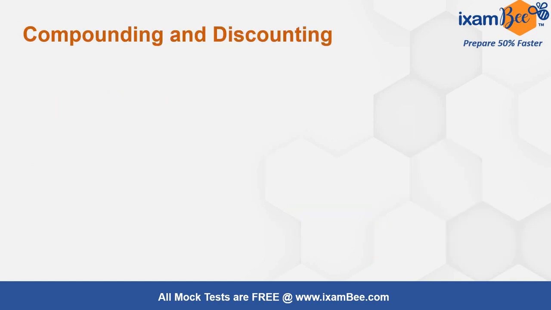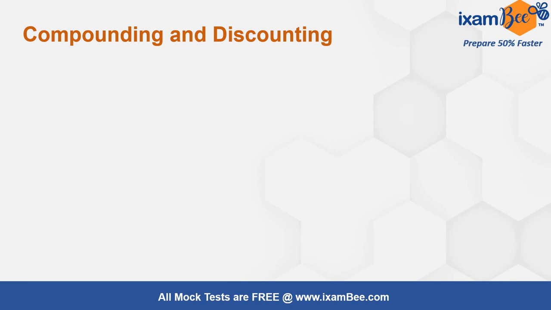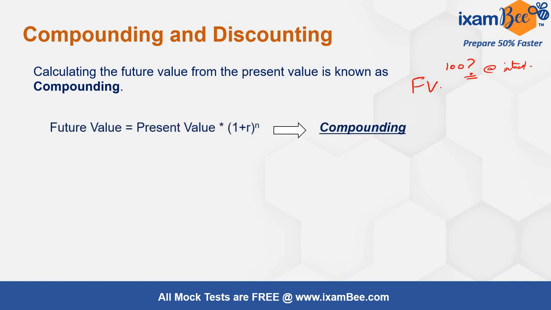Now moving on to another important concept of understanding, compounding and discounting. So here I did say that the money grows at the interest rate, right? So how is it growing? Now it will depend at what time intervals it is growing. So when you are trying to find that future value, that after 1 year what my 100 rupees will be worth at a certain interest rate, then that method of finding the future value is known as compounding.